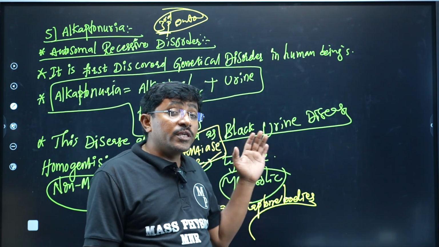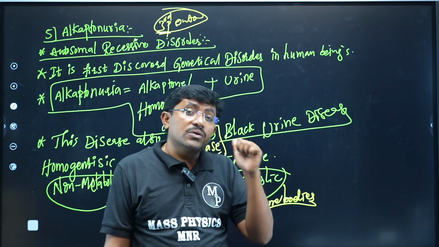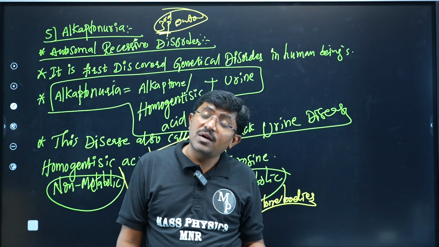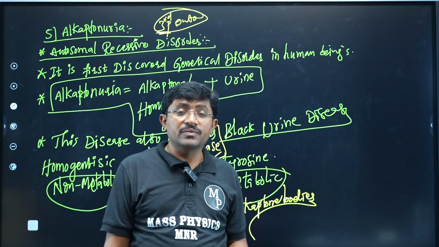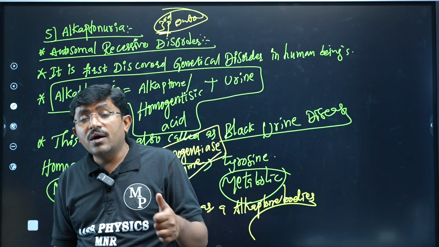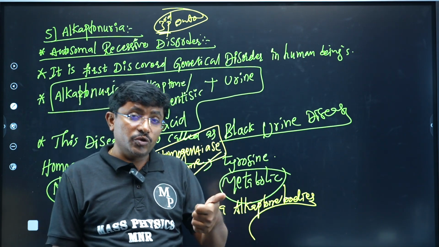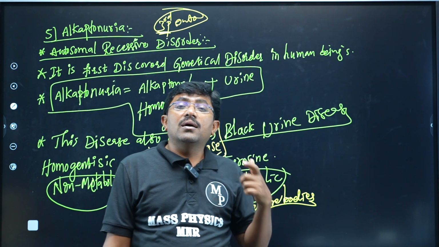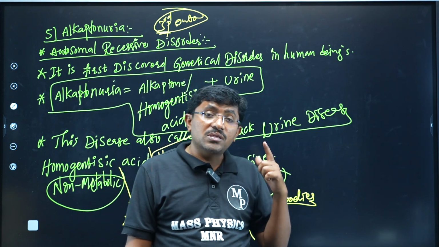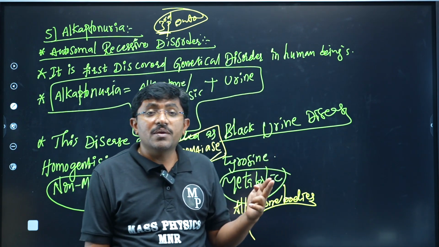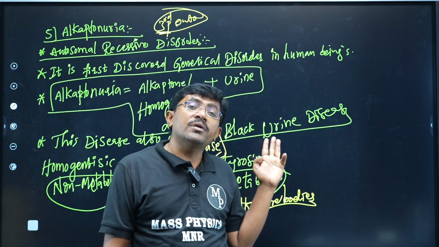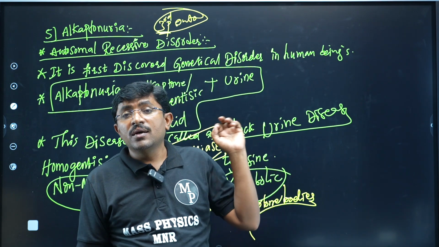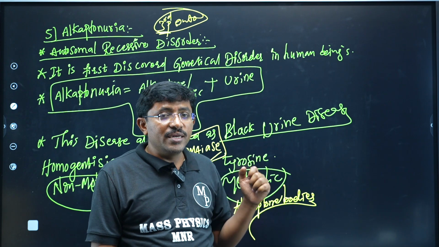Up to here we have discussed autosomal dominant and autosomal recessive Mendelian disorders. In autosomal dominant, we discussed myotonic dystrophy in the previous class, and autosomal recessive disorders include sickle cell anemia, thalassemia, phenylketonuria, alkaptonuria, cystic fibrosis, albinism.